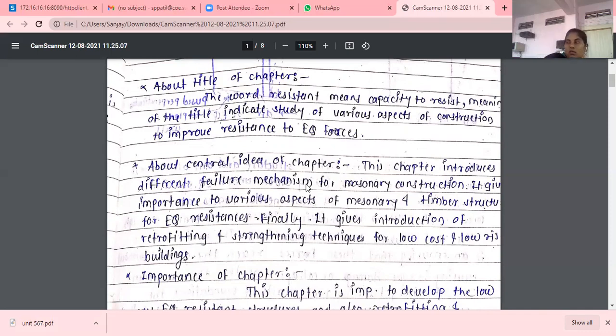The meaning of the title indicates the study of various aspects of construction to improve resistance to earthquake forces.